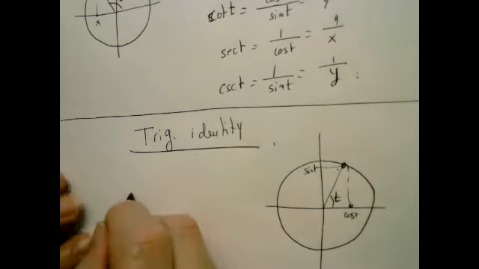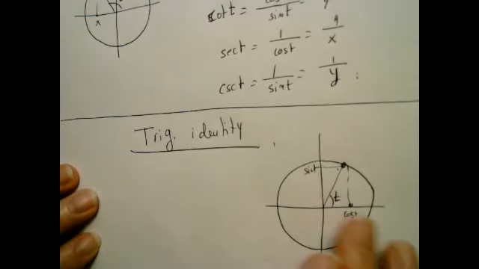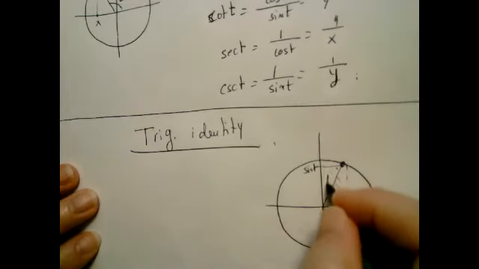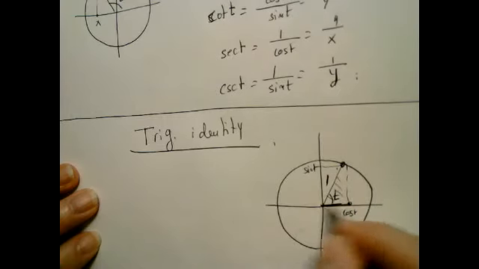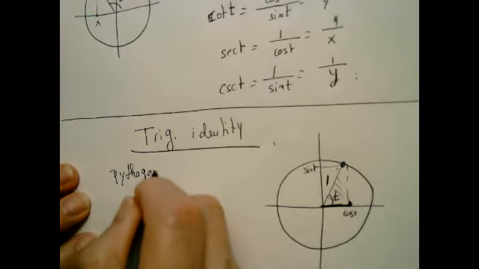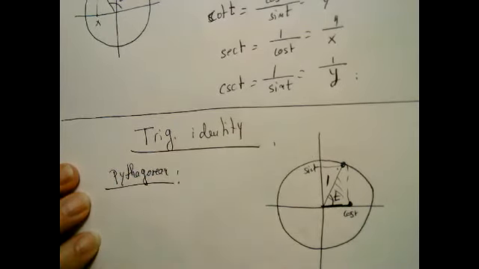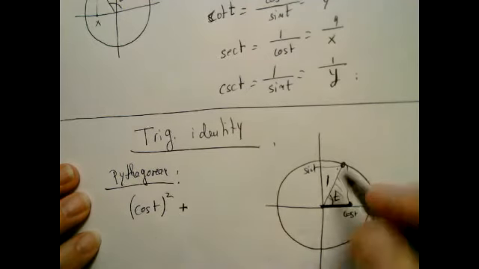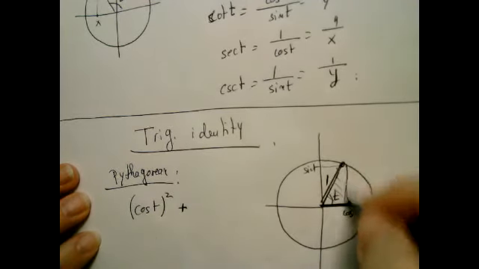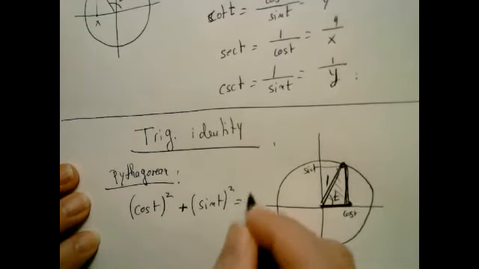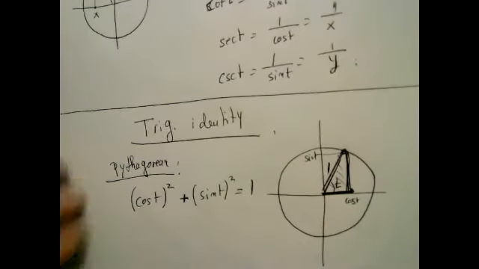The first important one is that, before I write it the way your classmate wrote it, if I look at this right triangle, and this is radius 1, the Pythagorean theorem tells me, if I take this side squared, it means cosine t squared plus sine t squared. It's nothing more than the Pythagorean theorem. I get the 1.